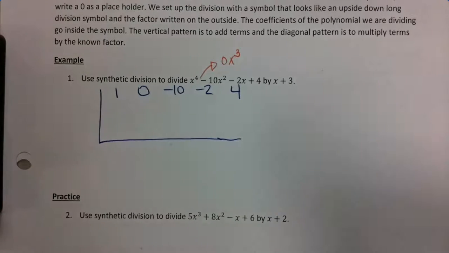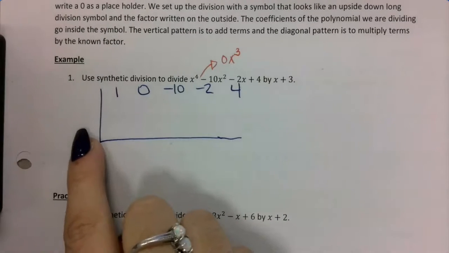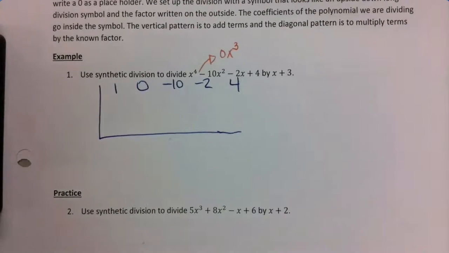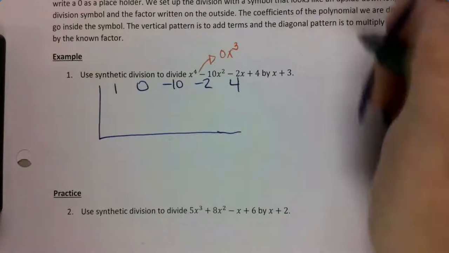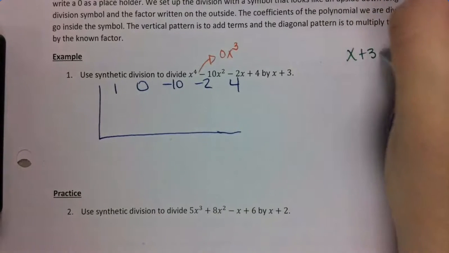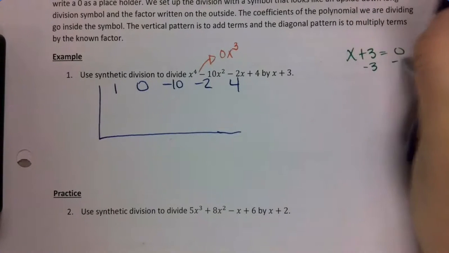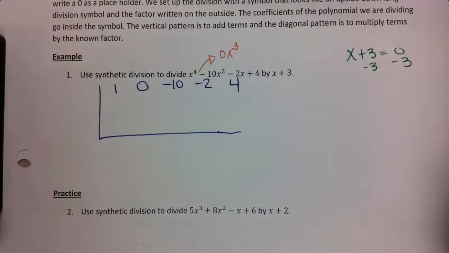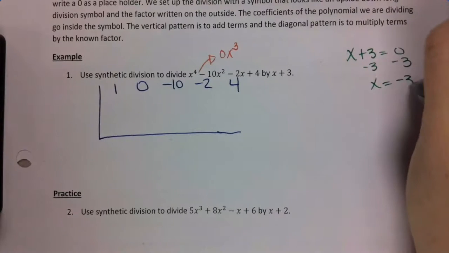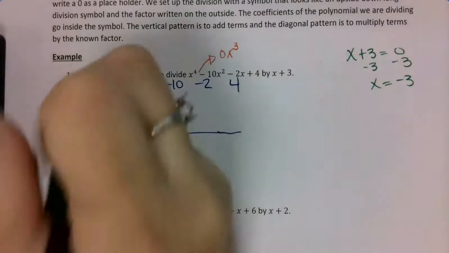Okay. Then for the number that goes on the outside, I always take this x plus 3 part and set it equal to 0, which gets me x equals negative 3. So that's the number I'm going to write outside here.